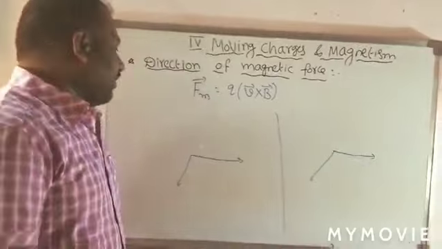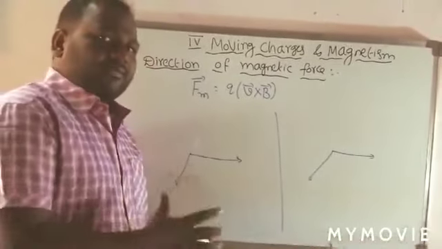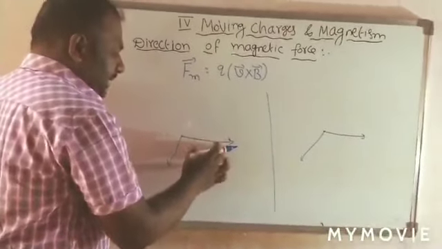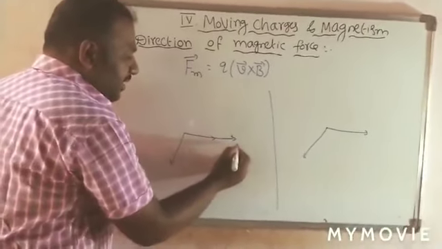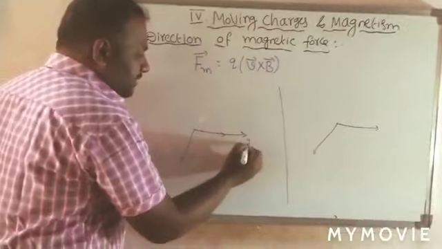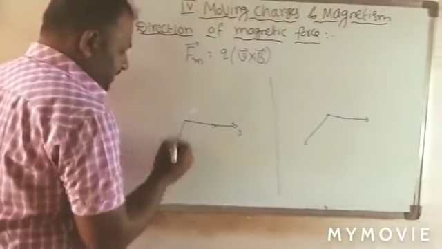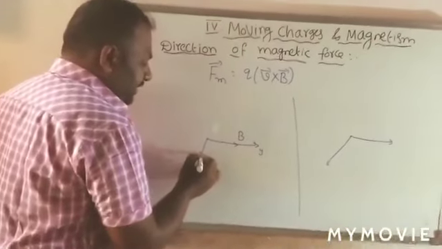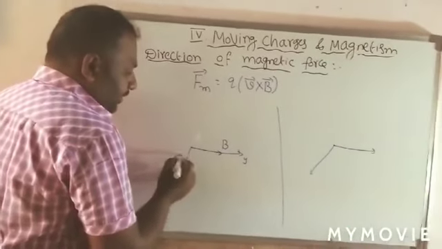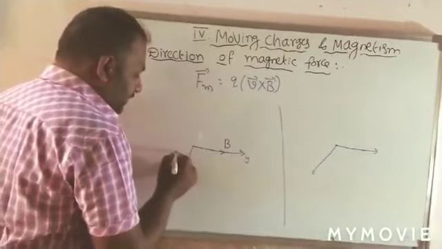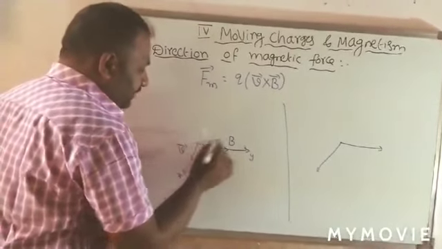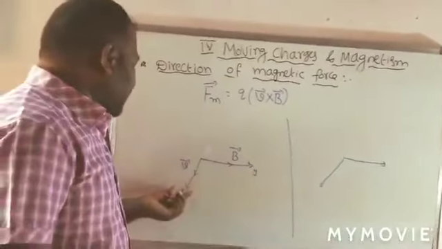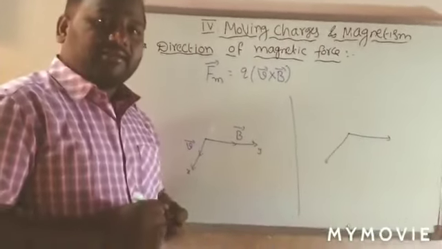Okay, see here how to calculate the magnetic force direction. Here I consider the xy plane. This is the y axis and this is the x axis. On the y axis I take the magnetic field. On the x axis I consider the velocity vector.